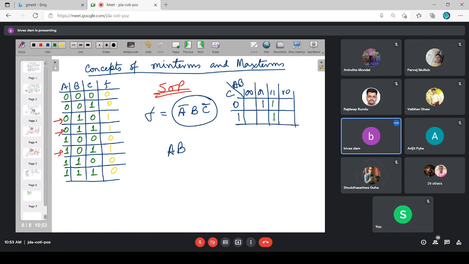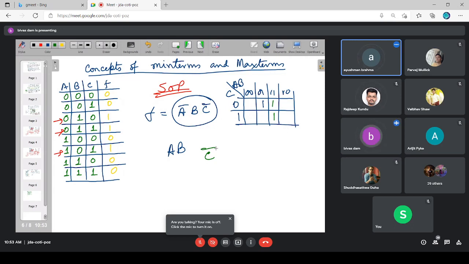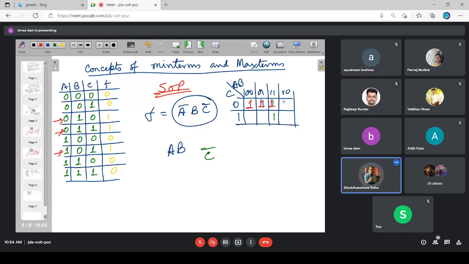Fine. If I have one product term like C bar, how many cells in the Karnaugh map will get occupied by this C bar? 4. What are they? 0, 0, 0, 0, 1, 0, 1, 1, 0, 1, 1, 1, 0. The cells where the C value is 0.